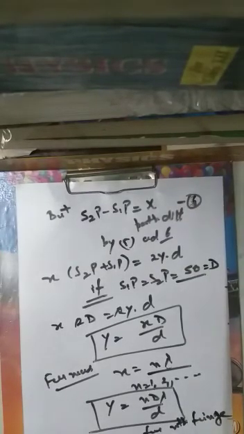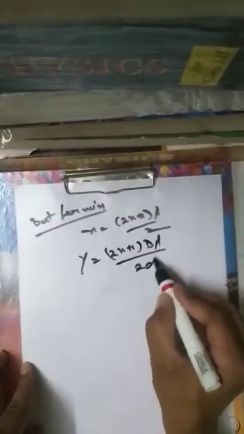But for minima, x is equal to (2n plus 1) lambda by 2. We put this value and we get y is equal to (2n plus 1) D lambda upon 2d.